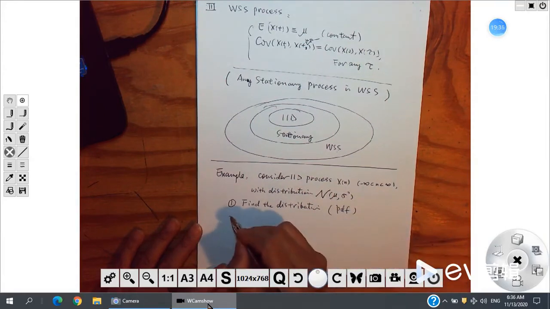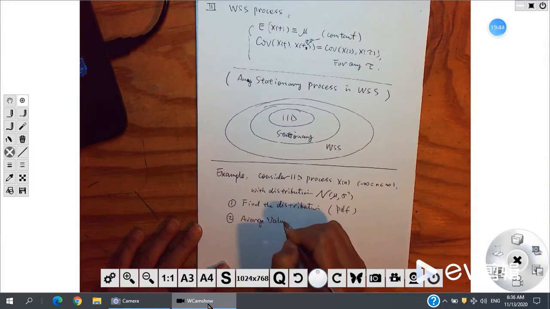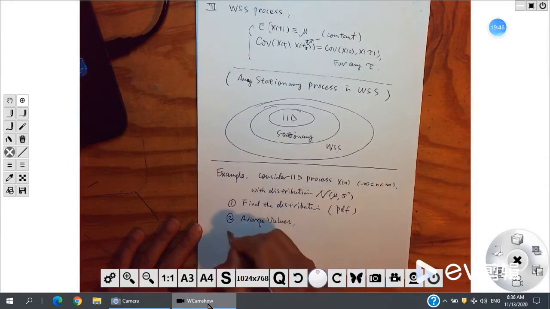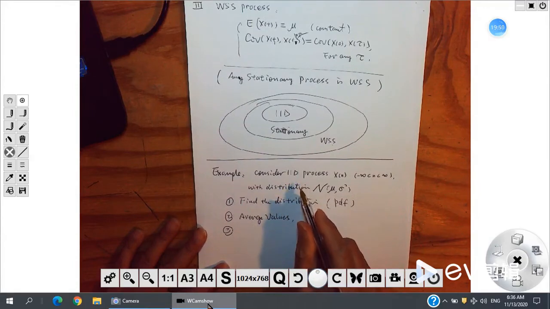And secondly, we want to find those average values. And third, we want to check. We know this is IID, we already have this.